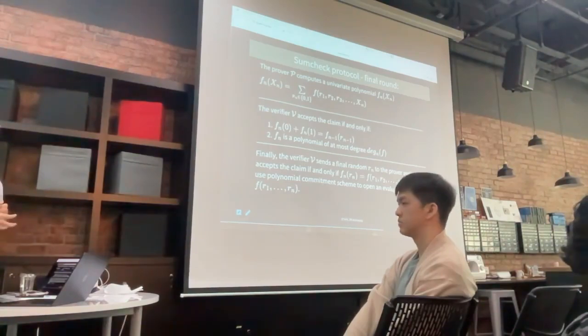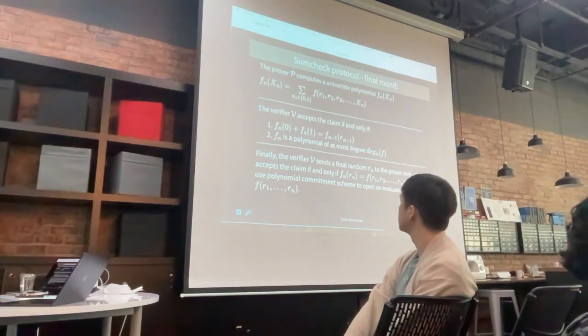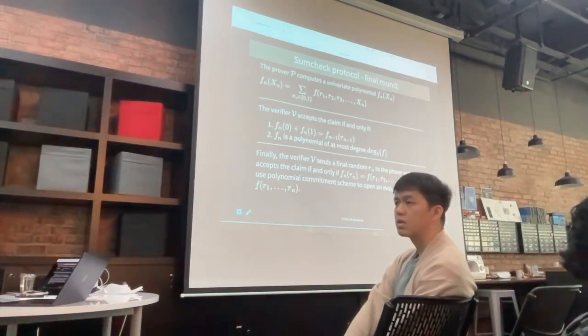Can you explain R1 with this example? Like how that changes so that f2 of 0 plus f2 of 1 is equal to f1 of R1. In this case, maybe we are checking R1 here.